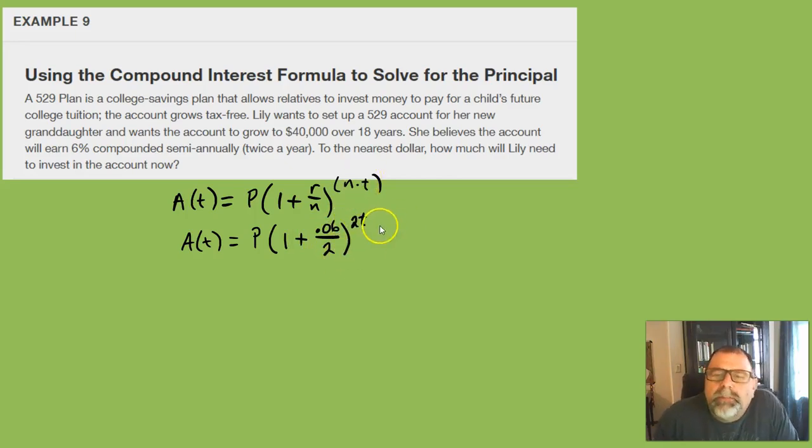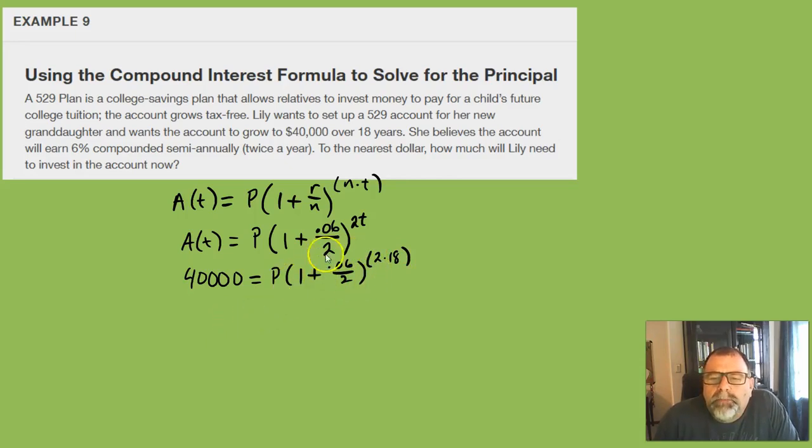I'm not going to write parentheses this time. And then we want that to be equal to 40,000, in how many years? 18 years.